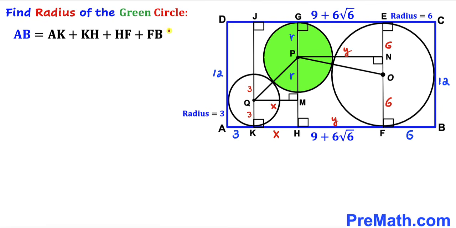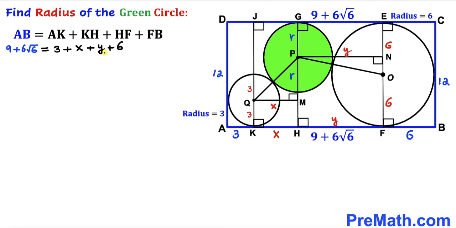And now let's focus once again on this equation. We know this side AB length has been given to us as 9 plus 6 times square root of 6, so I'm going to replace that one with 9 plus 6 times square root of 6. And likewise, I have substituted this segment AK length as 3, the KH length as x, HF length as y, and finally FB length as 6.